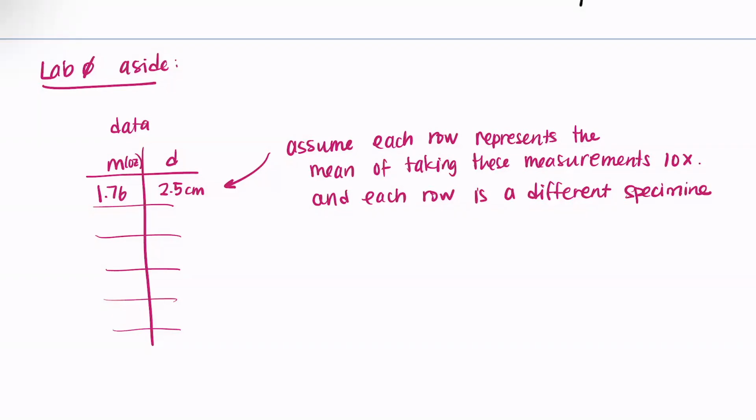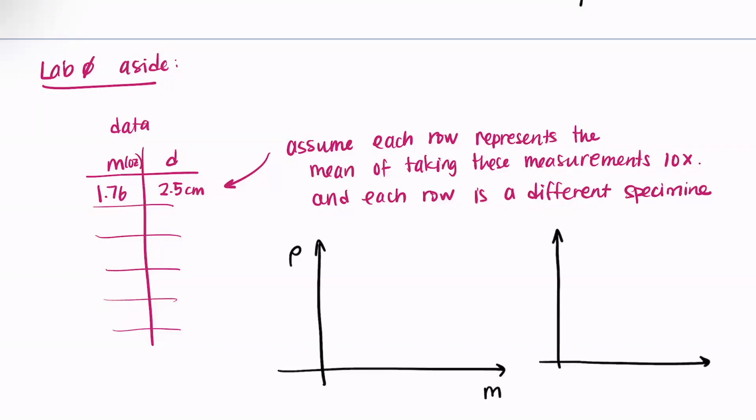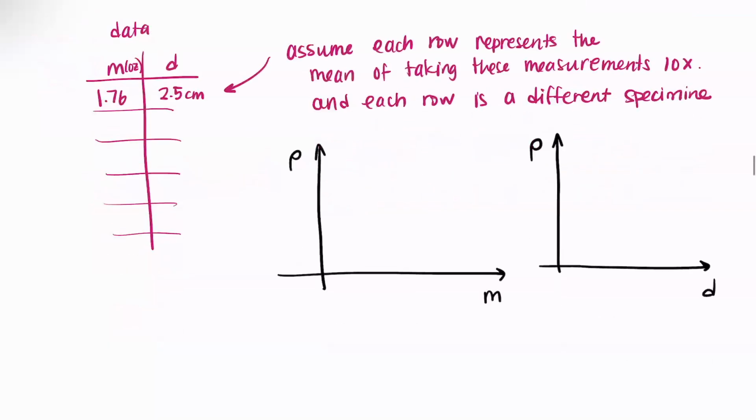And then in the report, I want to see two plots. So I want to see density as a function of mass, and I want to see density as a function of diameter, right? We know that density is equal to mass over volume, and we know that volume is 4/3 pi r cubed, which is (d over 2) cubed, right?